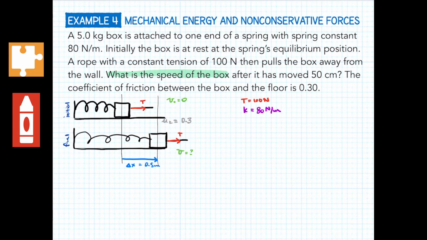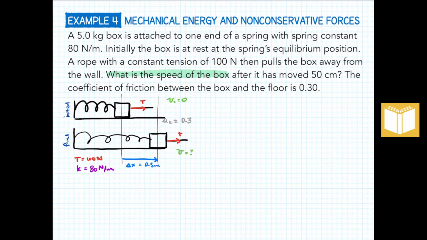And anything else? I think that's it. So we just have to start with our equation. Our equation is going to look like work on one side is equal to change in kinetic energy plus change in potential energy plus change in internal energy, which of course is friction, okay?